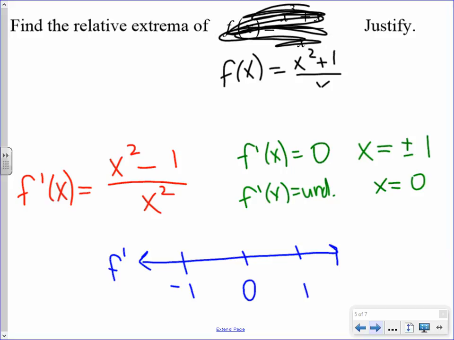Okay, now, before we go any further, I want us to consider the kind of function that we're actually dealing with. What is happening at x equals 0 in our function? It is an asymptote.